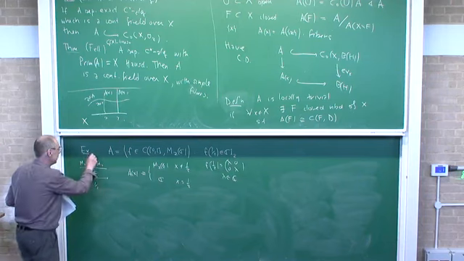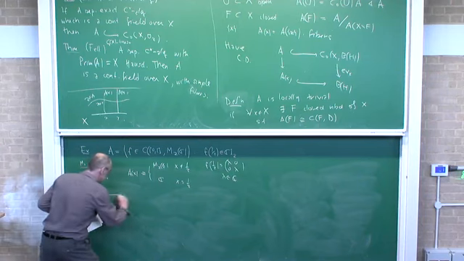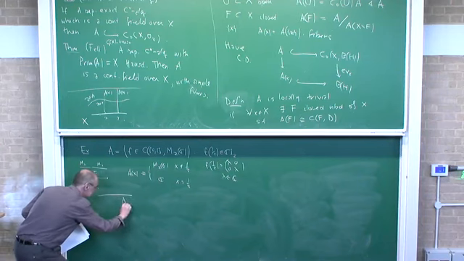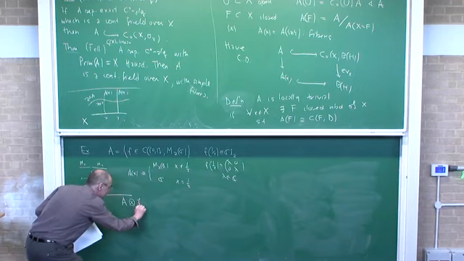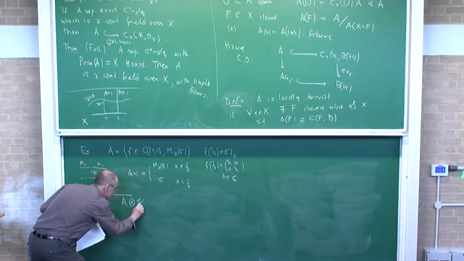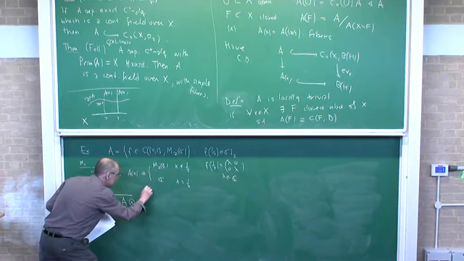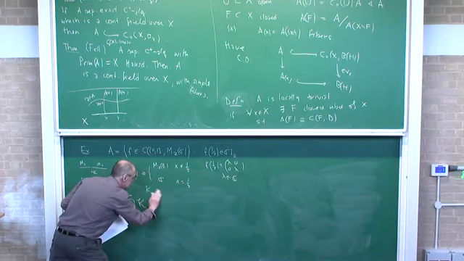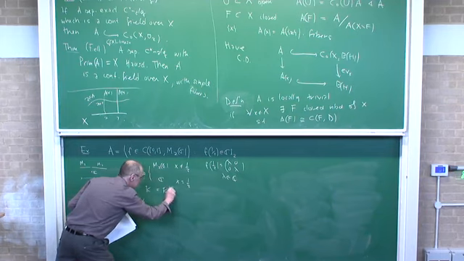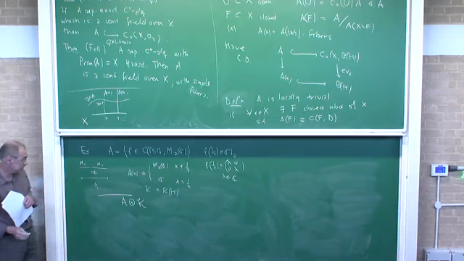But what if I'm looking at A tensor the compact operators? K are the compact operators on separable Hilbert space.